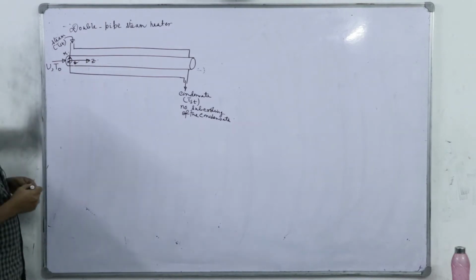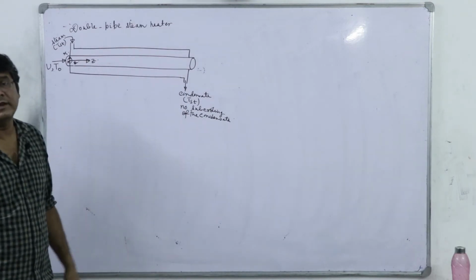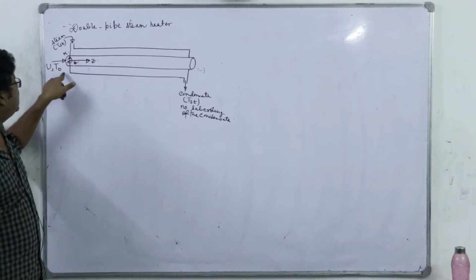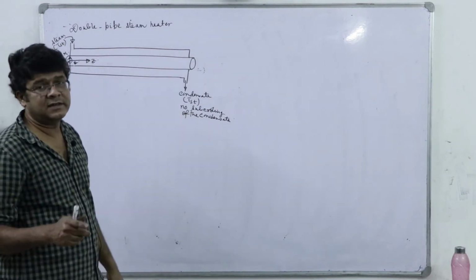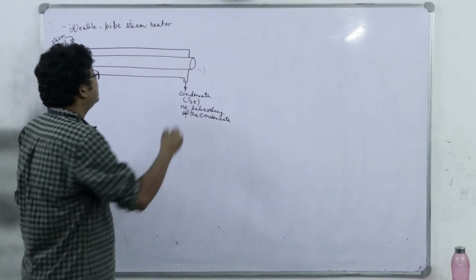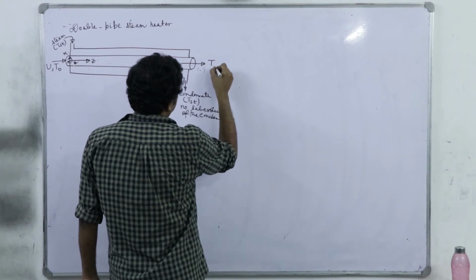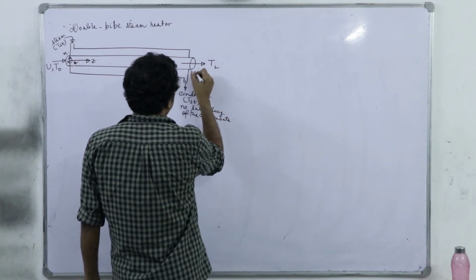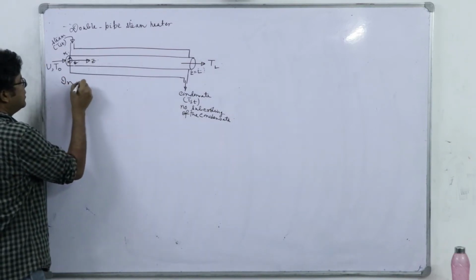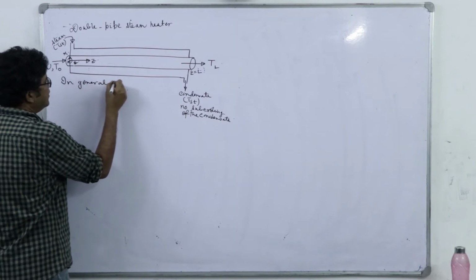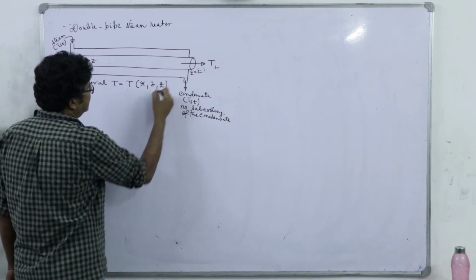As the liquid moves in this direction, its temperature progressively increases. So T of the liquid is a function of at least z and time. When it moves out, it will be T outlet, T at length L, say this is z equal to L. So in general, T is a function of r, z and t.